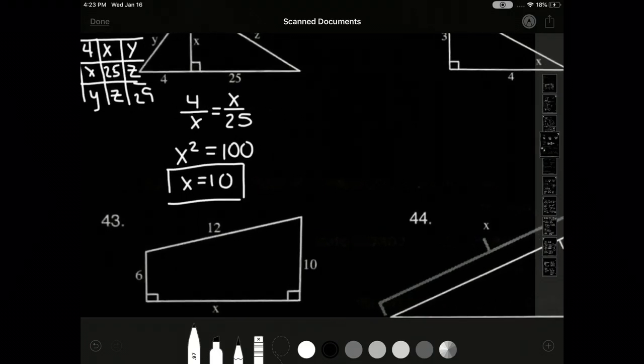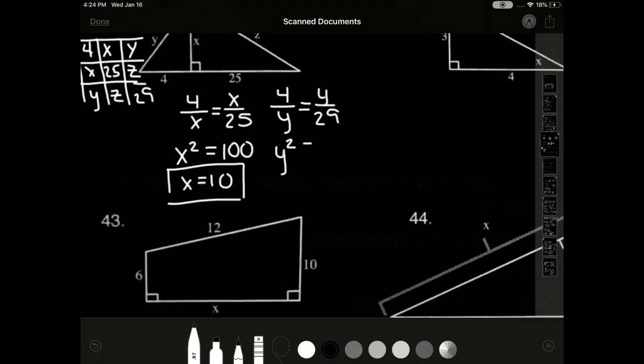And then if we take a look in the four corners, we have 4 over Y equals Y over 29. So we get Y squared equals, I'm going to cheat here a little bit. I'm going to write 4 times 29 because I know I'm going to have to simplify a square root in a second. 29 is prime. 4 is a perfect square. So when we take the square root, Y equals 2 square root 29.